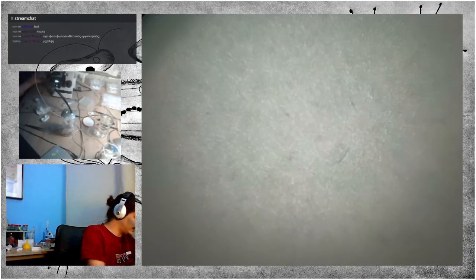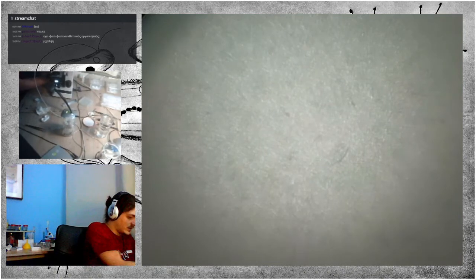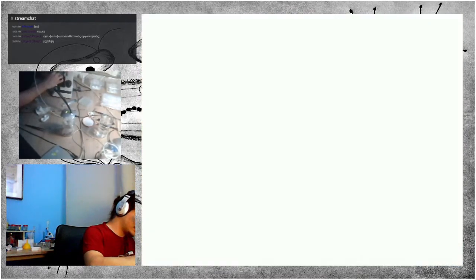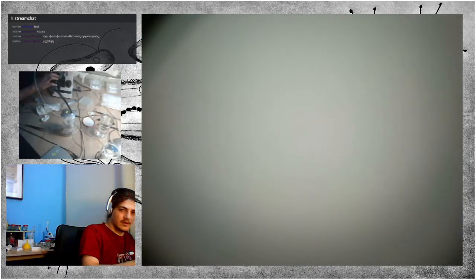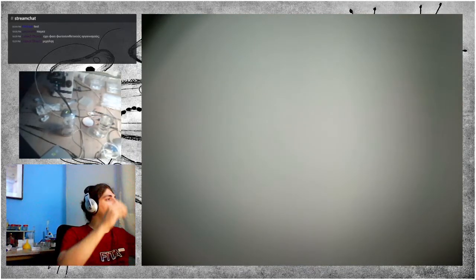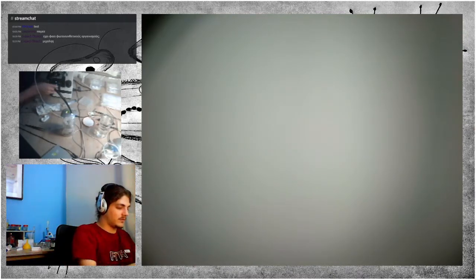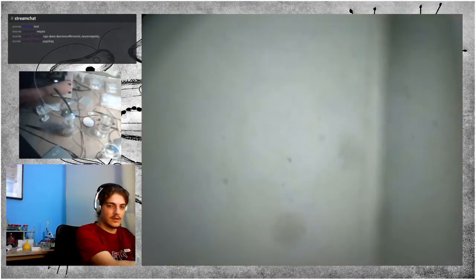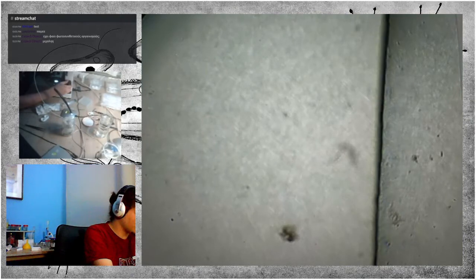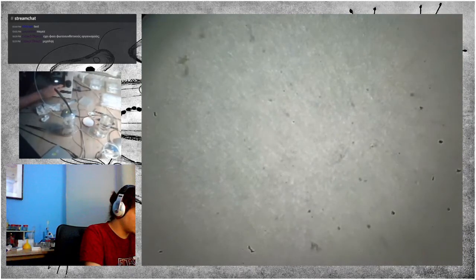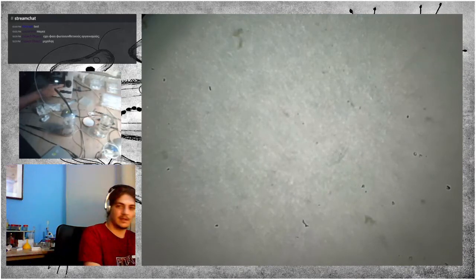See if I can clean the condenser. Set the... Oh no, it is part of the focusing. There we go. So that is the new slide.